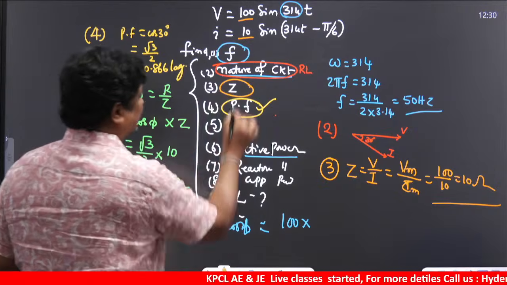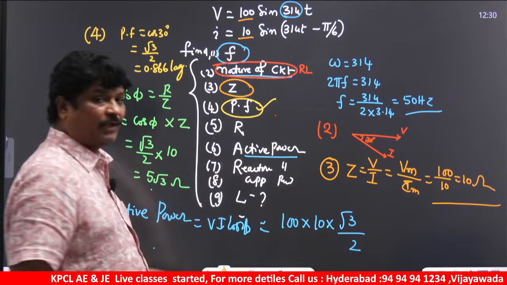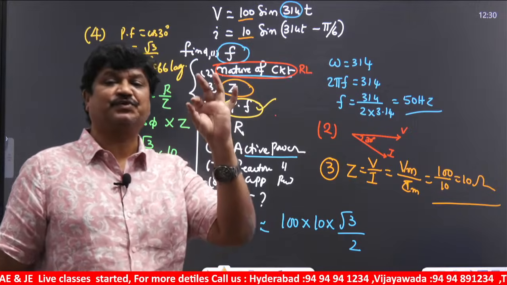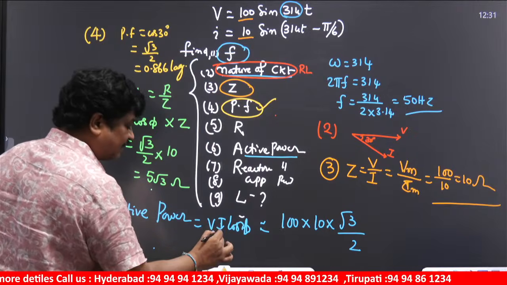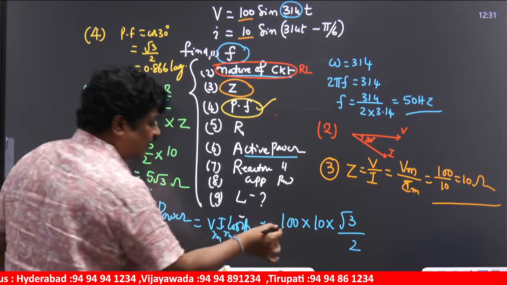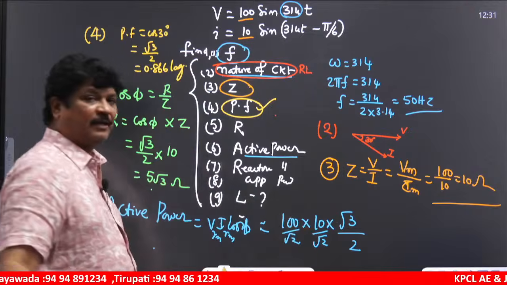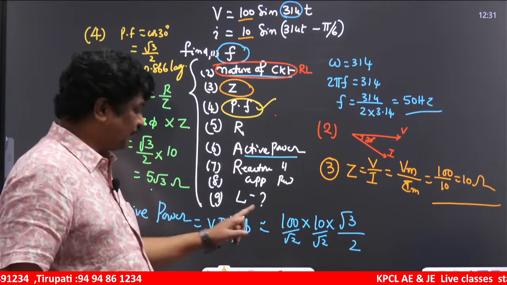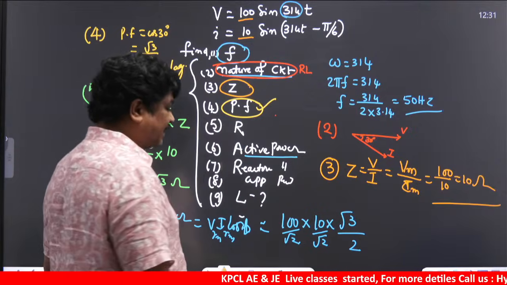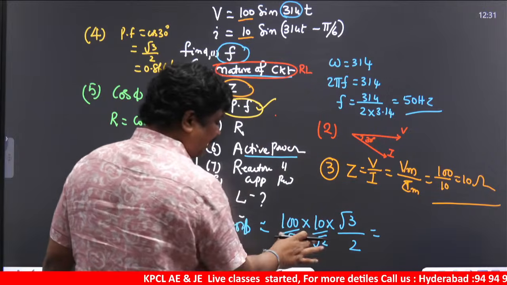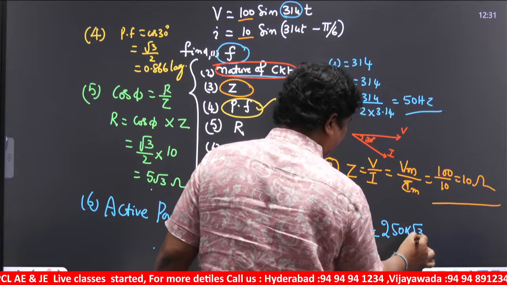How much I? 10. What is the cos phi? Root 3 by 2. If you write like this, your answer will go wrong, because this voltage is VRMS, this current is IRMS. So we have to write root 2 here, root 2 here. Be careful about this point. In your KPCL exam, you can expect this question. Now how much is it? 1000 by 4, 250 into root 3. That is the answer.